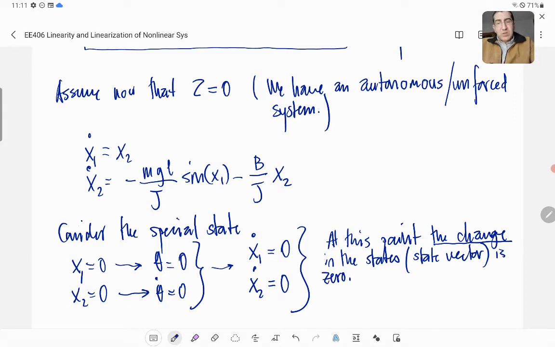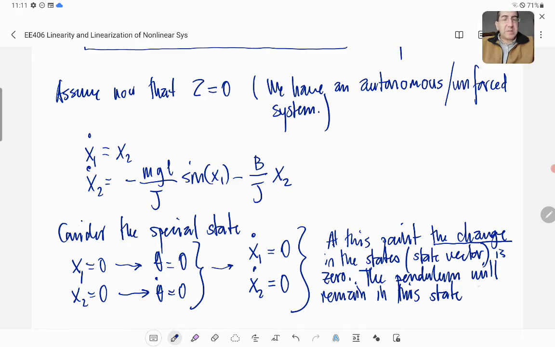Okay? So the pendulum, if at that state, will remain in this state forever. So it will not leave that state once in that state.